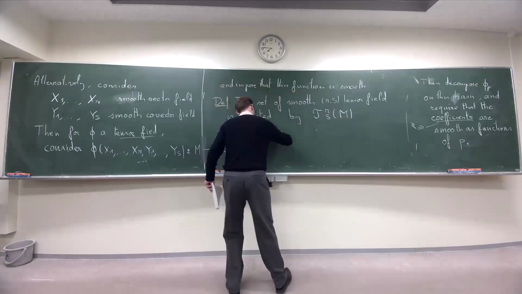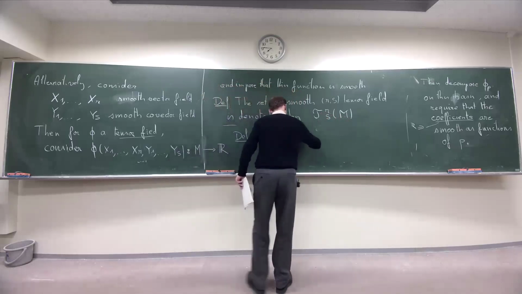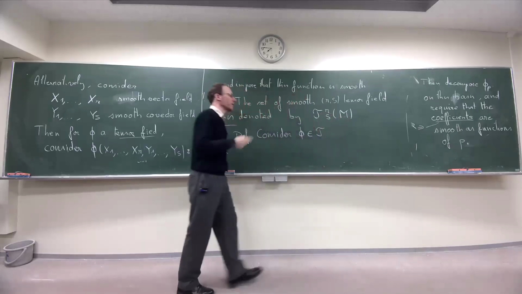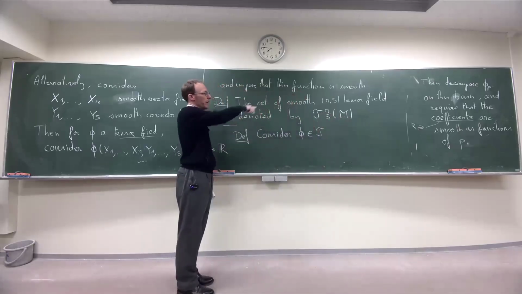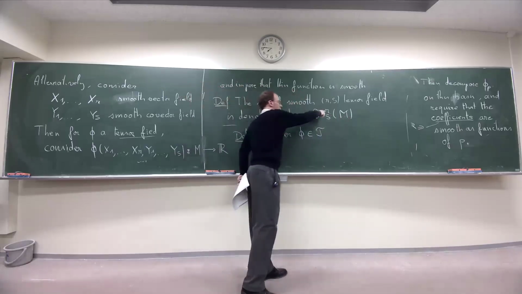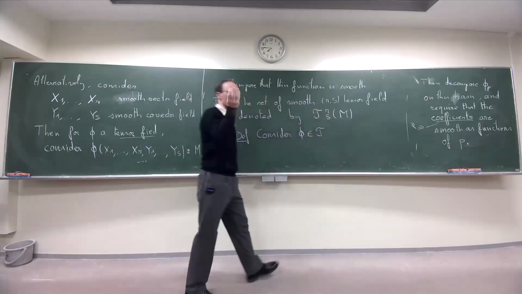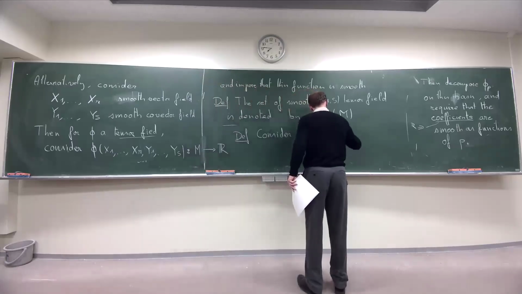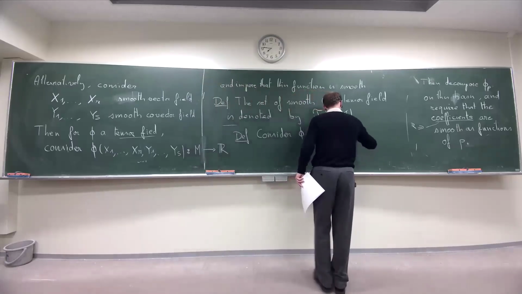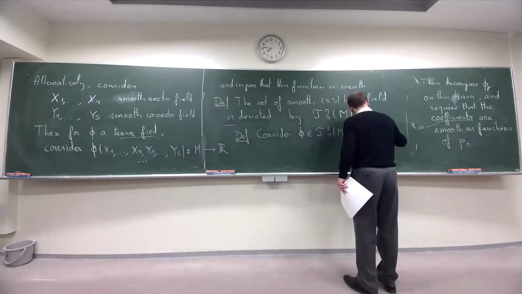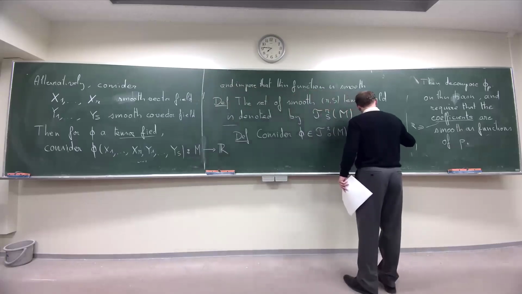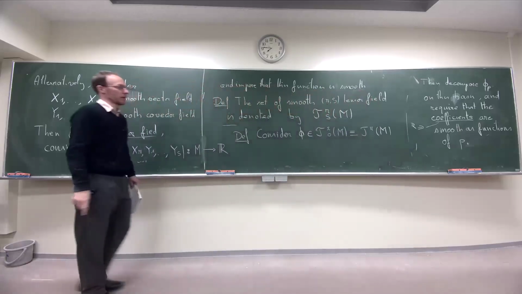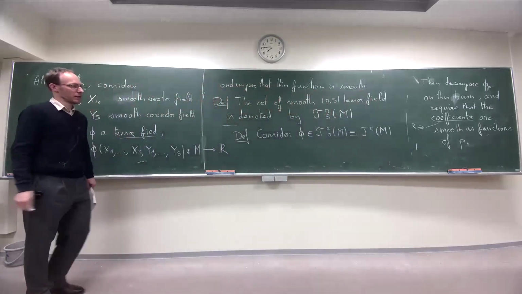consider phi belonging to this. For symmetric or antisymmetric, I don't play with R and S because I would have variables of two types. So I only consider tau R0 of M, for which I just use the notation tau R of M. So I already did something like this. When it's 0, I forget it.